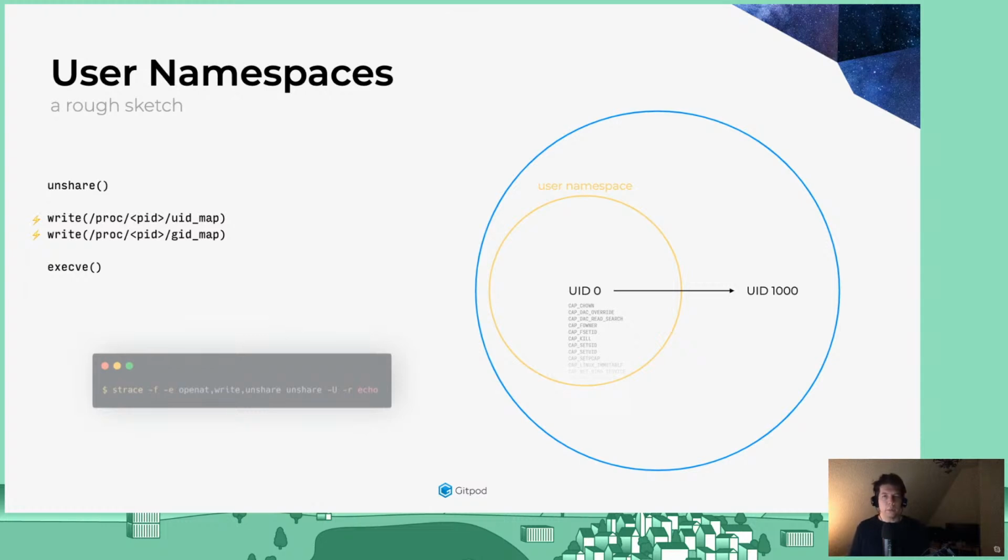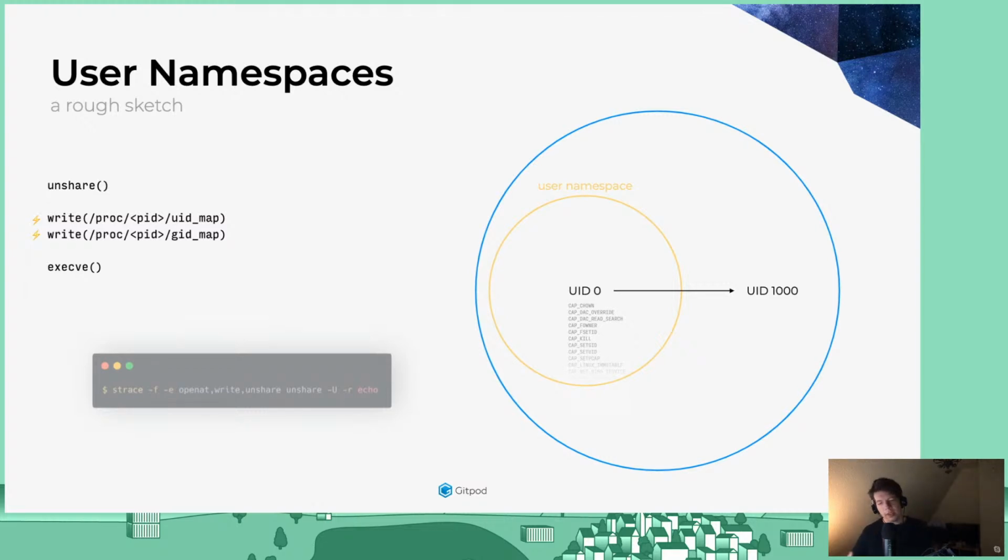And this is exactly what we do not want. We exactly want to prevent having to give workspace pods CAP_SYS_ADMIN on the node. So we cannot simply create a user namespace inside that pod and then write to UID map or GID map, exactly because we do not have CAP_SYS_ADMIN. So what do?